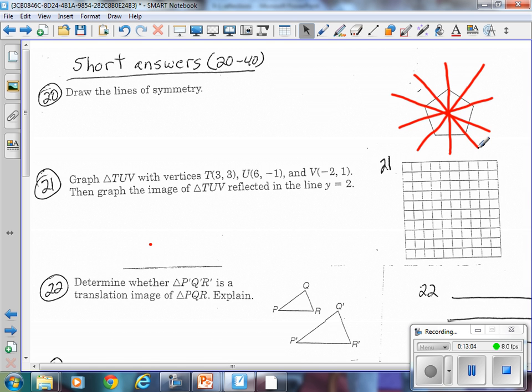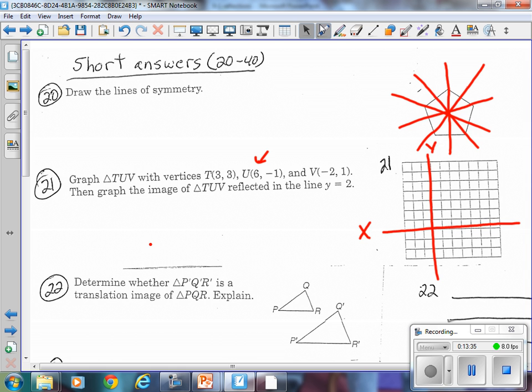Graph triangle TUV with vertices (3, 3), (6, -1), and (-2, 1). Looks like we need some extra. It's got 6 units here on that X for that U. So I'm going to draw my Y over this way a little bit, because we need more X's. So maybe put my X axis there and my Y axis there.